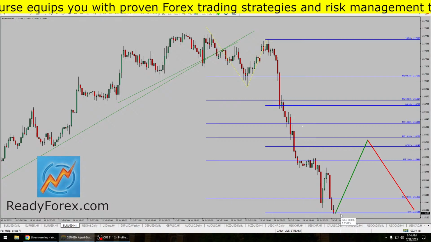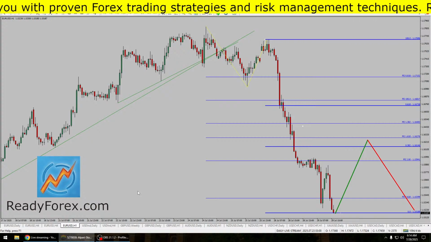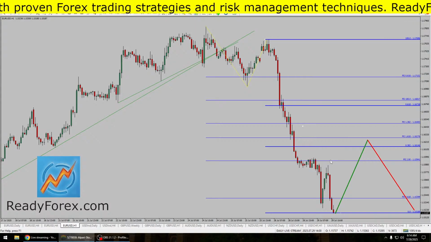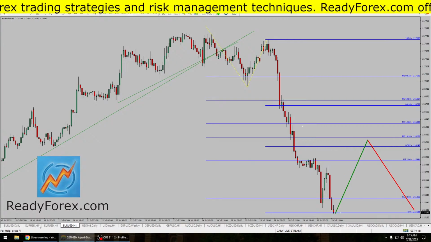People are jumping into the market with a sell, but a good idea is to wait for a pullback first, then look for a sell trade inside the euro dollar currency pair.